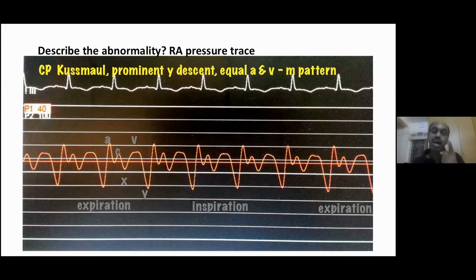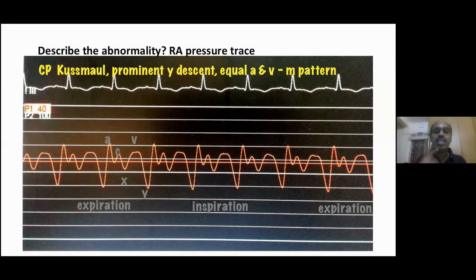I mentioned RV pressure reduces in intrathoracic pressure. When intrathoracic pressure reduces in inspiration, RV systolic pressure also reduces. It's true, RV systolic pressure reduces, but flow increases. Flow is high in the RV outflow tract, and that is the reason Carvallo sign is positive.